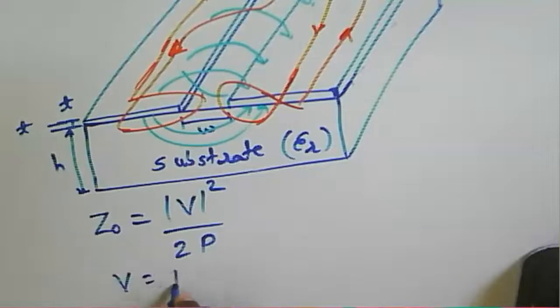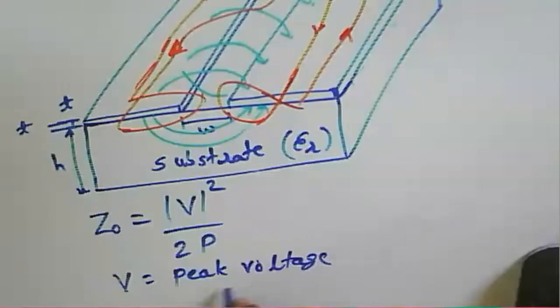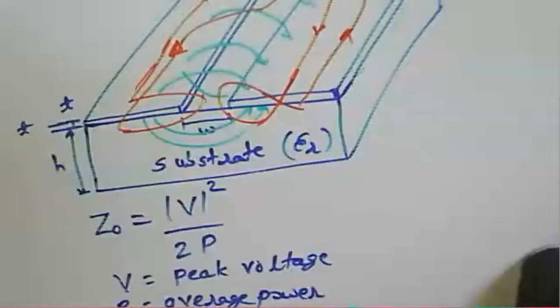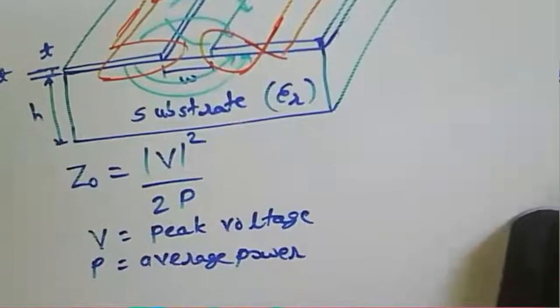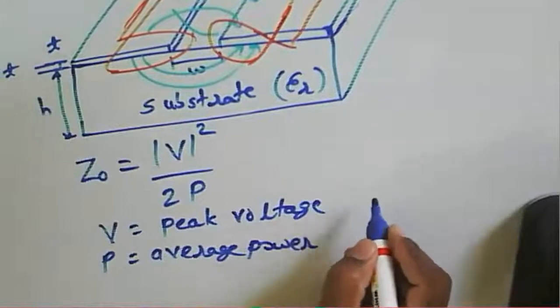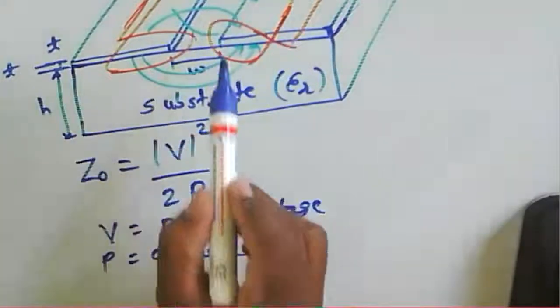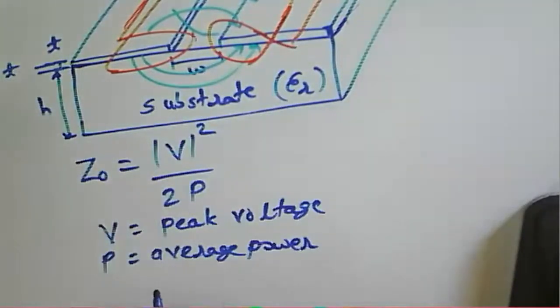V is nothing but the peak voltage, and P is the average power. That peak voltage is available across the given slot.